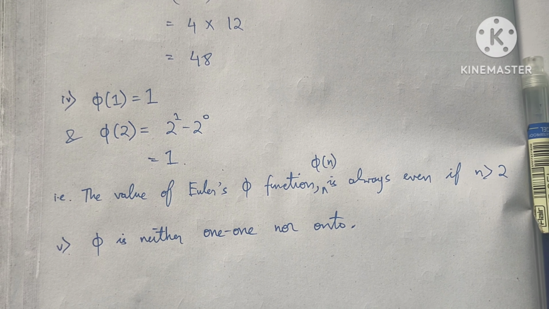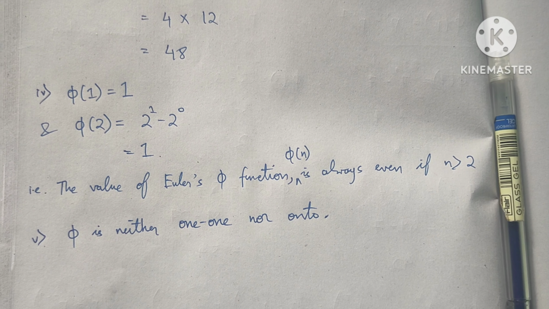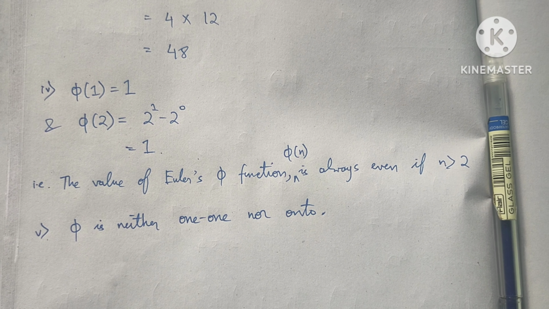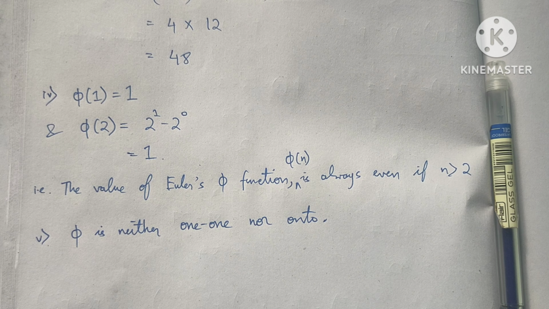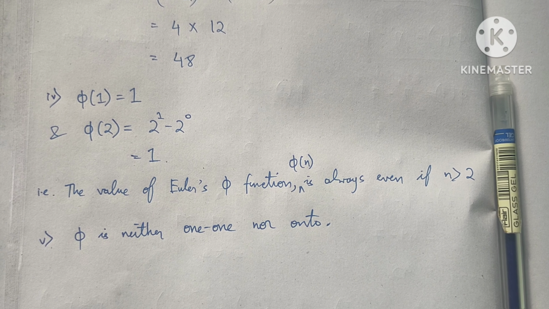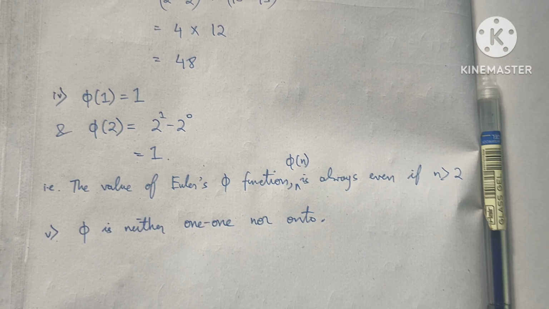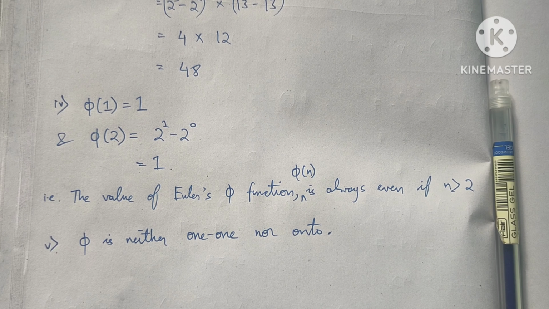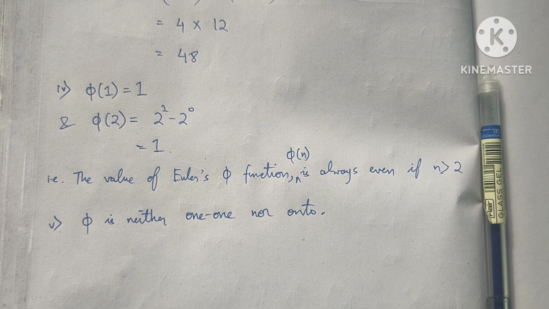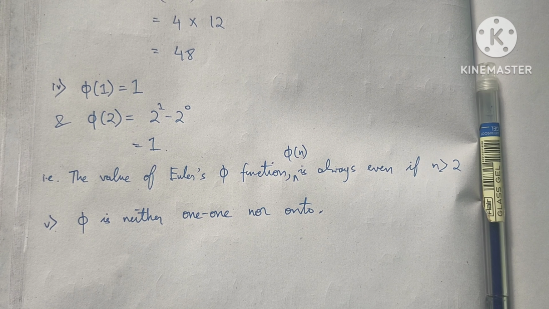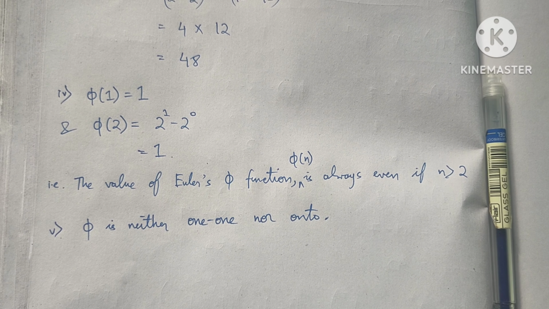And what is one-one? I hope that the persons who are watching this video all know one-one is injective, onto is surjective. So this is just a little trivia that Euler's phi function is neither injective nor surjective, right?